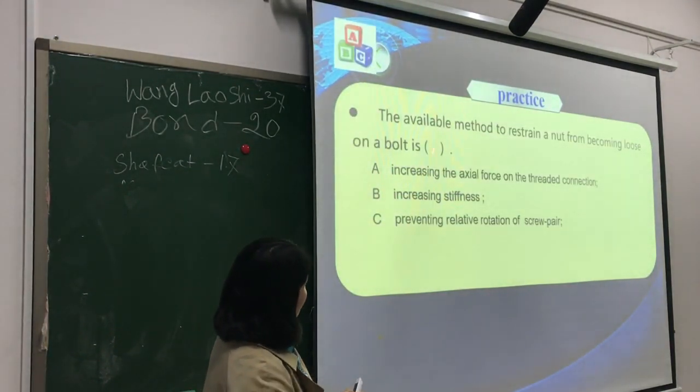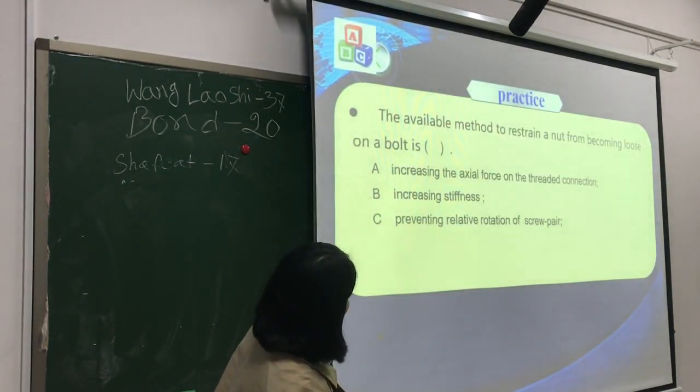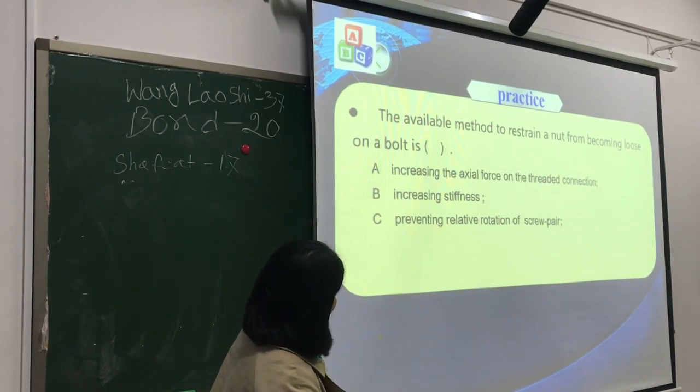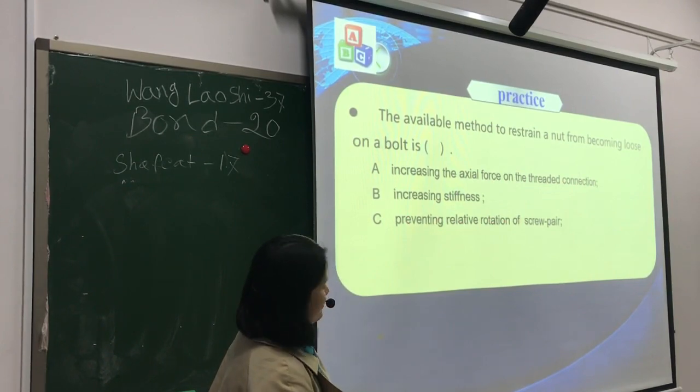And the available method to restrain a nut from becoming loose on a bolt is: A, increase the axial force on the threaded connection, B, increasing stiffness, C, preventing relative rotation of screw pair.